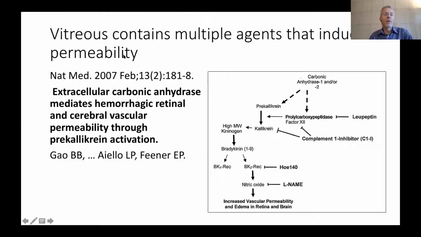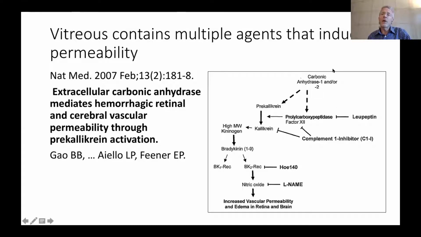Similarly, a group has published a proteomics paper where they compared the proteins that are present in the vitreous of patients with different types of diabetic retinopathy. And what they learned is that carbonic anhydrase is higher in patients with DME than in other types of diabetic retinopathy.